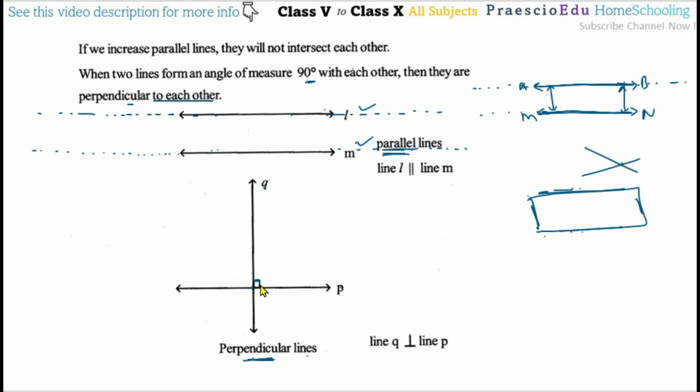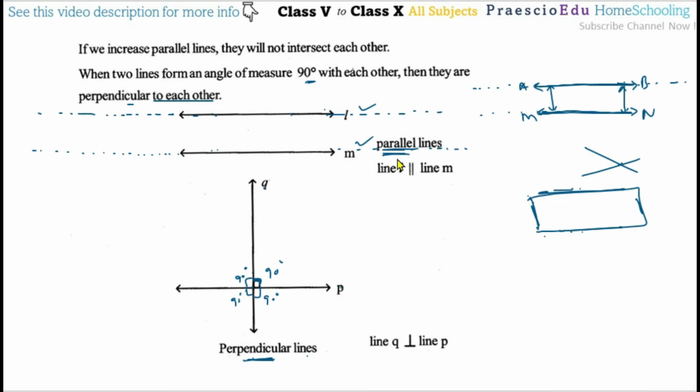If any one angle is 90 degrees, of course the opposite ones and the others, all these four angles are 90 degrees. So they are perpendicular.